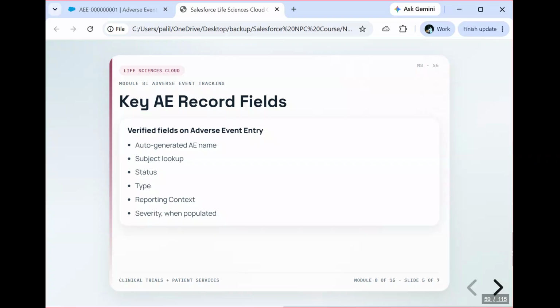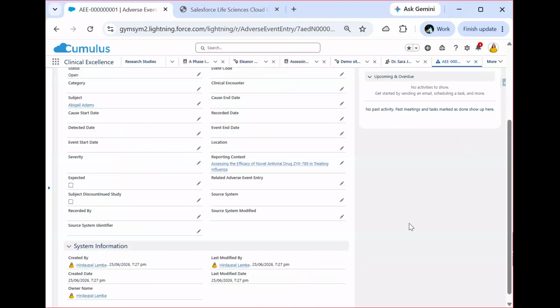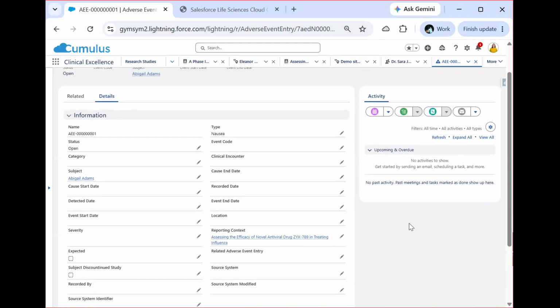Key AE record fields are status, event type, reporting context. Severity is also there. Now let's look at an adverse event in Salesforce. So I've got this particular adverse event. It has got type.